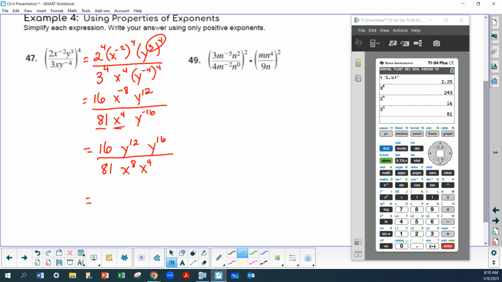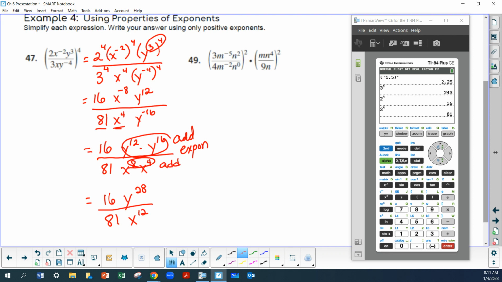All right, now using some rules from yesterday, I've got the product of two powers, and for that we add exponents. So we get y to the 28th over 81, x to the, add those exponents, so x to the 12th.